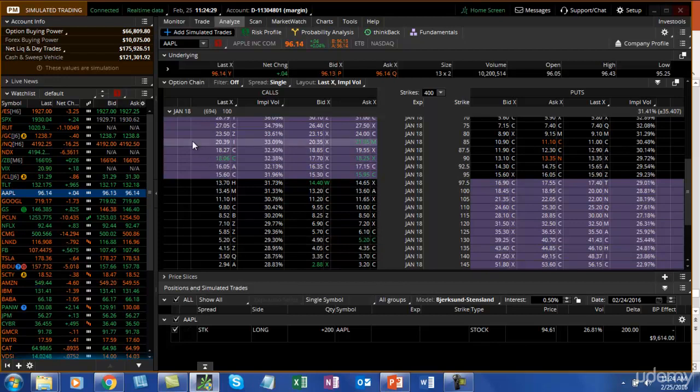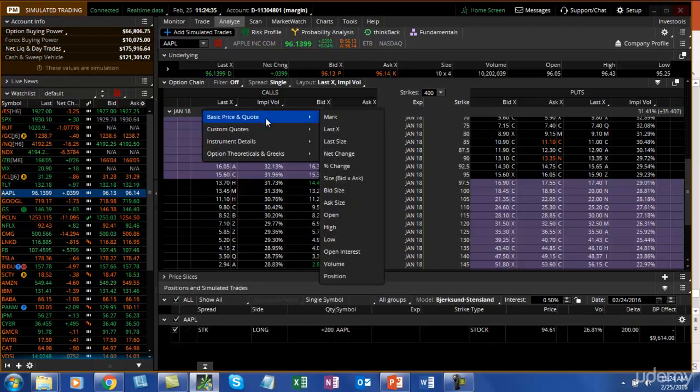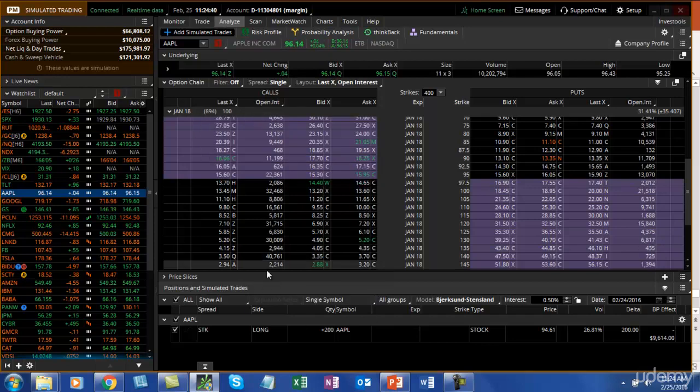Just for curiosity's sake, let's see what's the open interest in that, because open interest tells you how many options have been bought. You can see even in Jan 18, at the 130 strike price, we have 30,000 contracts, 40,000 contracts, 31, 32. So you can see that it's very, very popular.